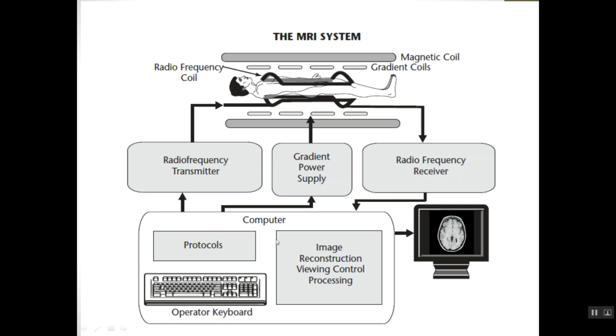Each component of the MRI machine has a function, but we will not talk deeply about each one now. During our explanation of MRI physics, I'll explain each component deeply and give you some details about its function.